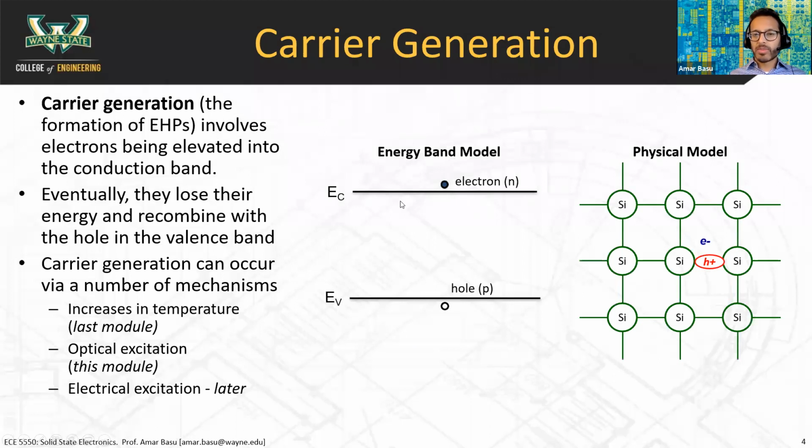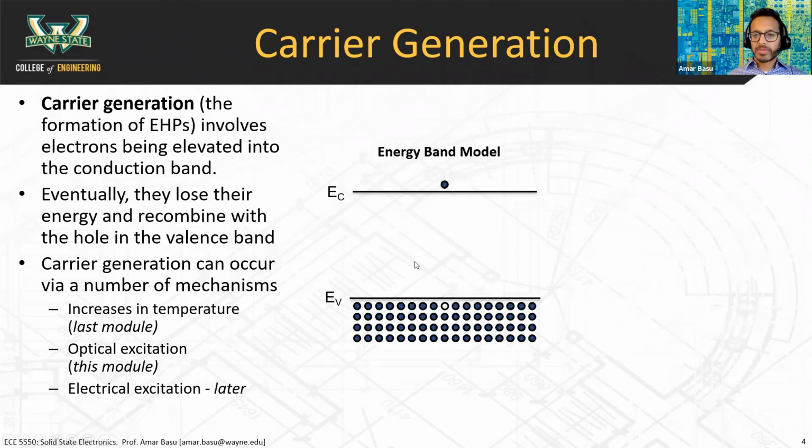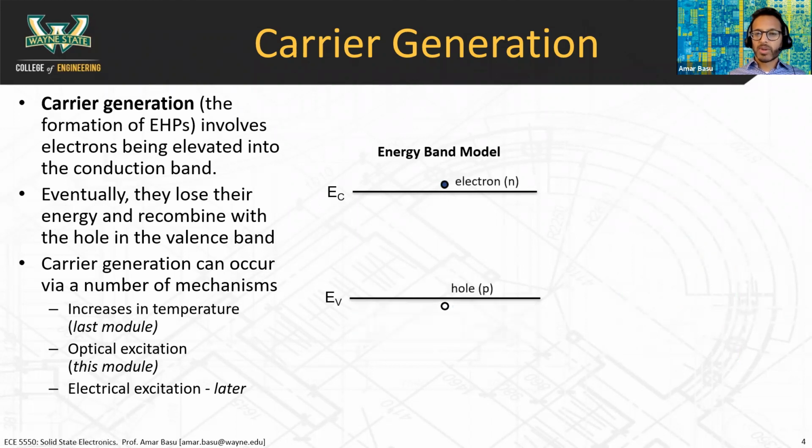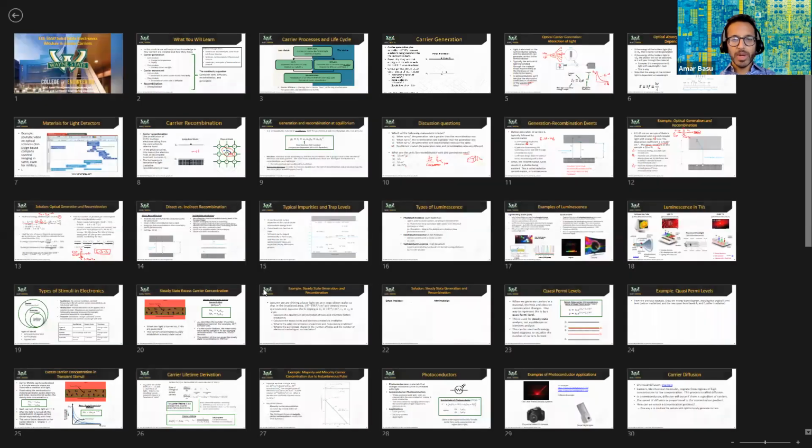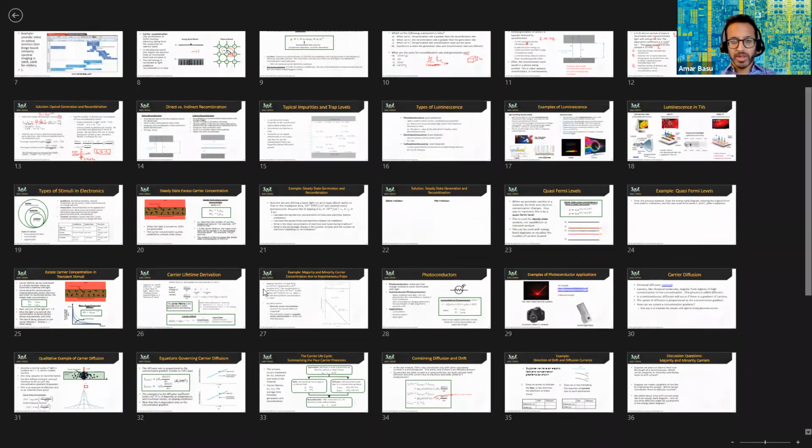In the energy band model, we think that the light hits the semiconductor and the electron goes up into the conduction band, and then it creates an electron hole pair. Now, we want to expand on this energy band model a little bit by putting in something called a quasi-Fermi level, which indicates these additional electrons and holes that are formed. So let's go back to the slide we were on.